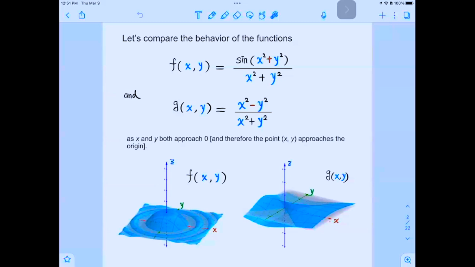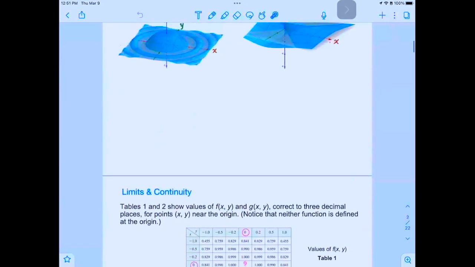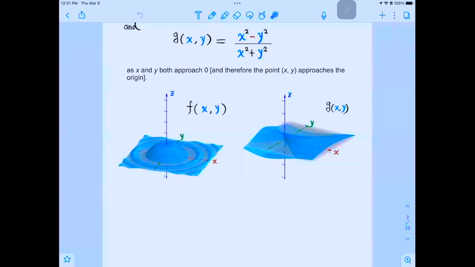Does it remind you of the left-hand limit and right-hand limit? Remember, for a function of one variable, when the left-hand limit and right-hand limit do not agree, what do you say about the two-sided limit? When the left-hand limit and right-hand limit are not equal, then the limit does not exist.